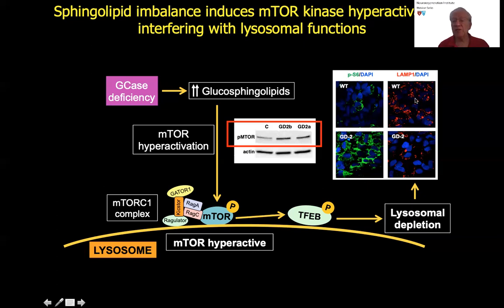Here we see these red dots, which are lysosomes stained by LAMP1. And there are a lot of lysosomes stained in wild type cells, but there is an important decrease in the GD2 cells. This is what we call lysosomal depletion. There are fewer lysosomes. And we have done this also with LysoTracker, which is responsive to pH.